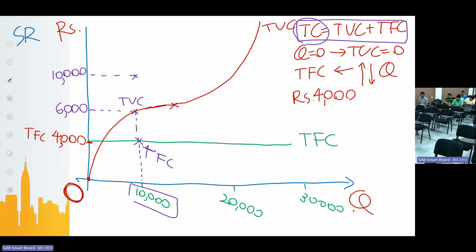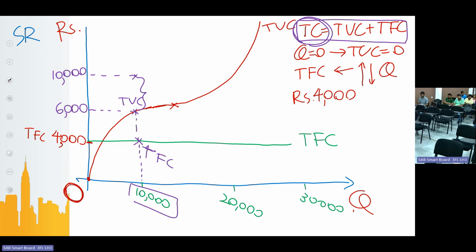So you see, to draw the total cost curve, we have to shift this total variable cost curve upward by 4,000 rupees. 4,000 rupees at each level of output.